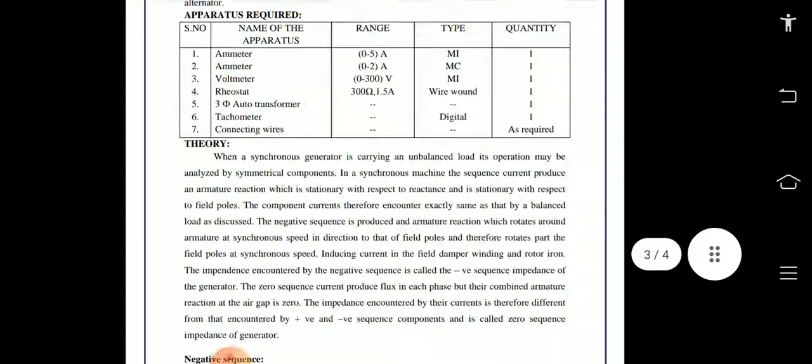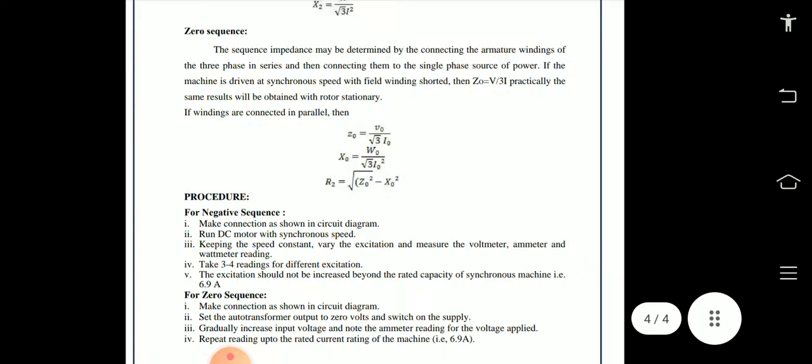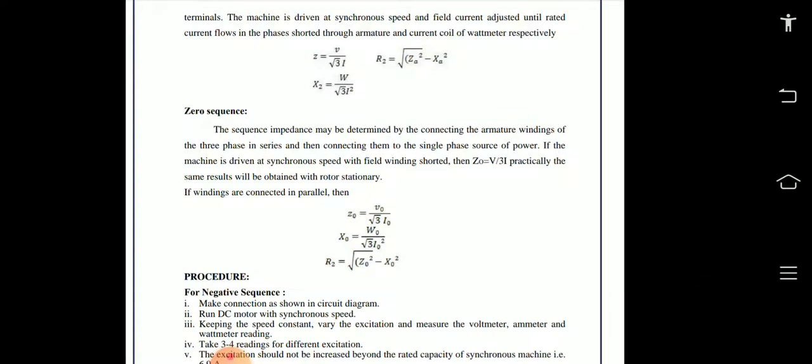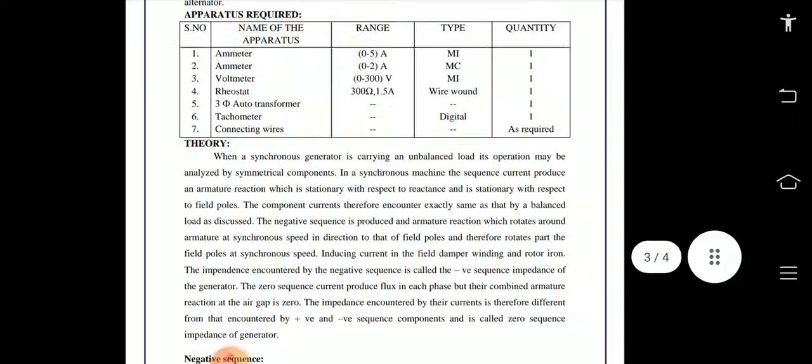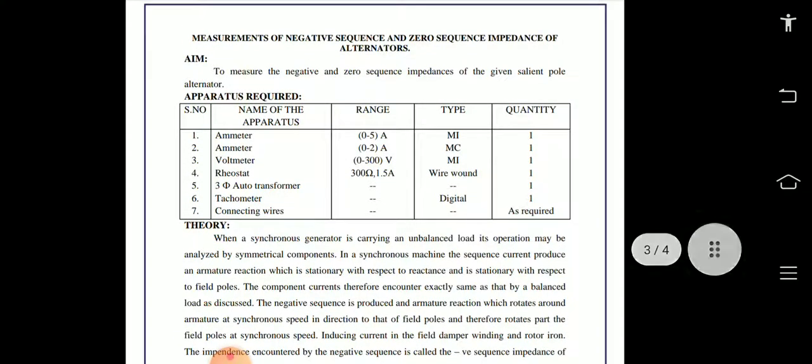Similarly, you can calculate the resistance and reactance of both sequences of an alternator. Thus you can measure your negative and zero sequence impedance with the help of your alternator. Hope you understand this experiment and concept, and thank you.